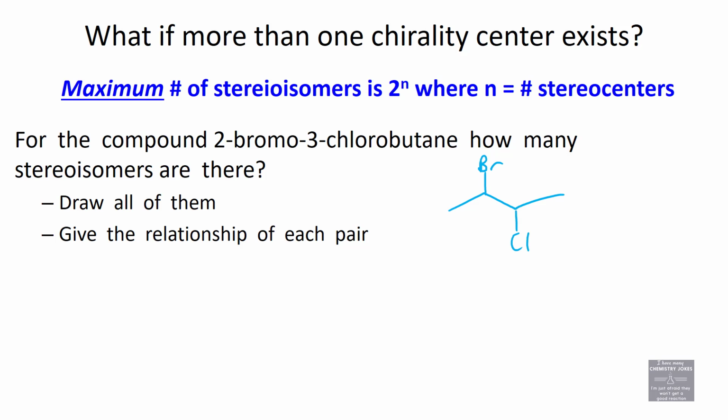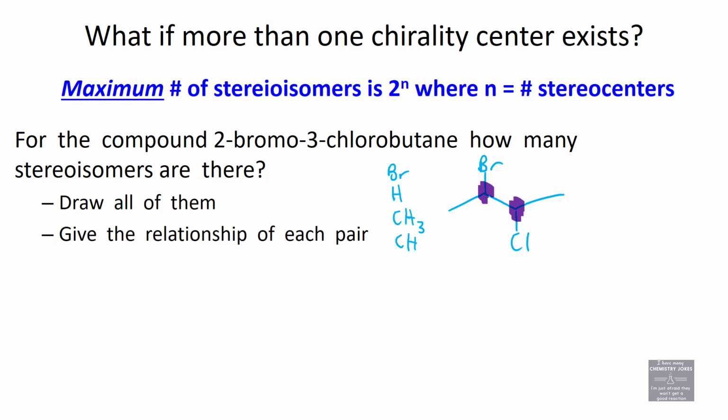We don't have any stereocenters that are not asymmetric carbons because I don't have double bonds, I don't have rings. But this carbon and that carbon are both asymmetric because this carbon has a Br, an H, a methyl, and a carbon that's not a methyl.